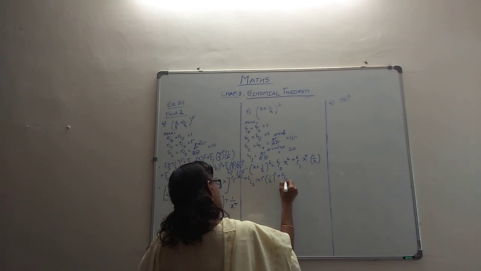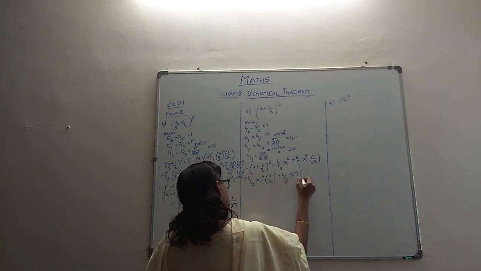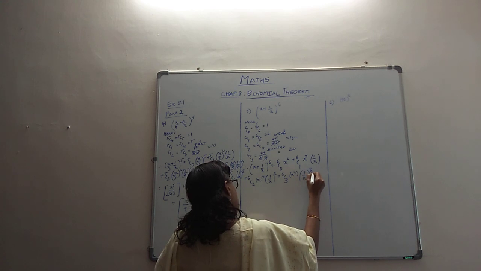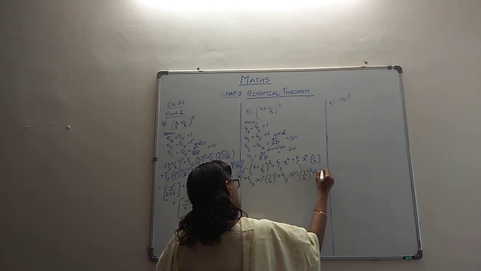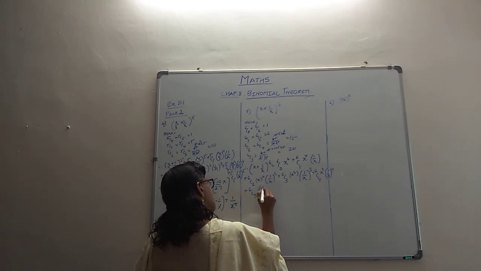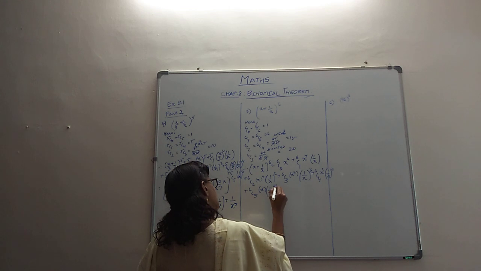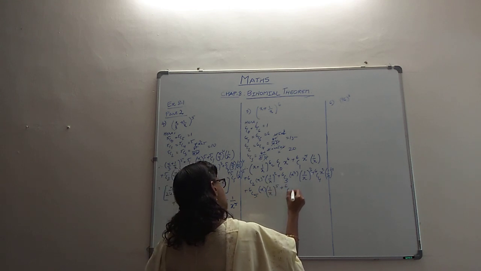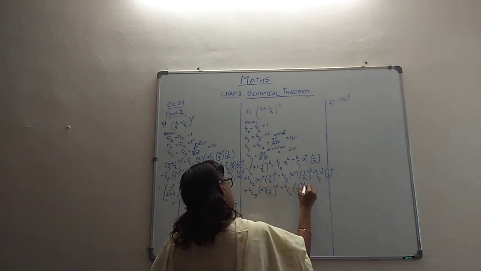Then 6C3 means it's x^3 and (1/x)^3. 6C4 means it's x^2 and 1 by x^4. Then 6C5 means it's x and 1 by x^5. 6C6, 1 by x^6.